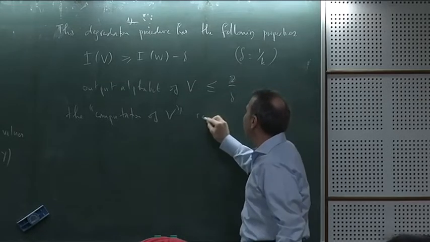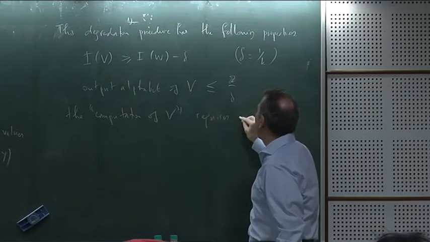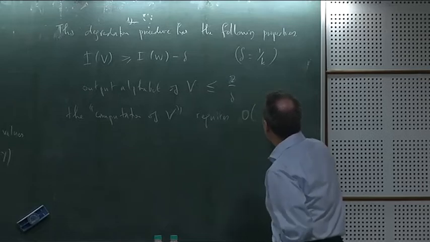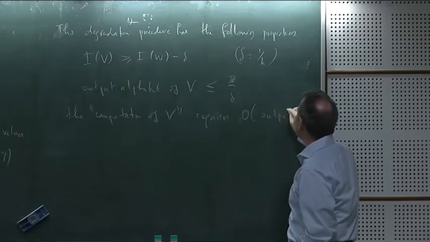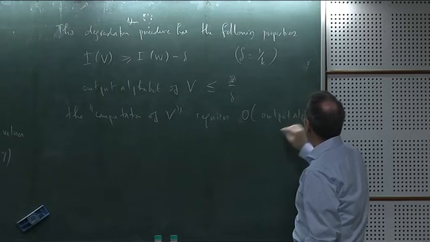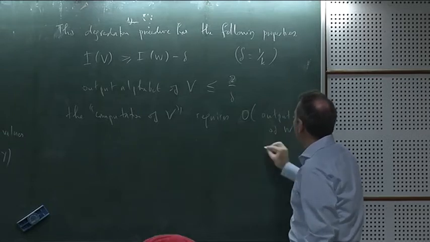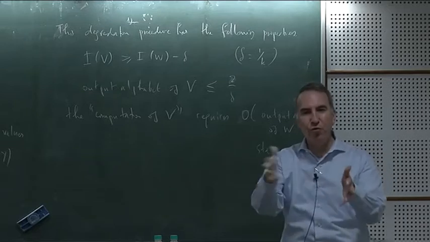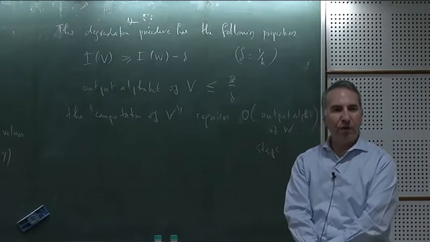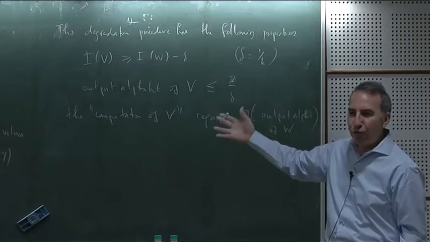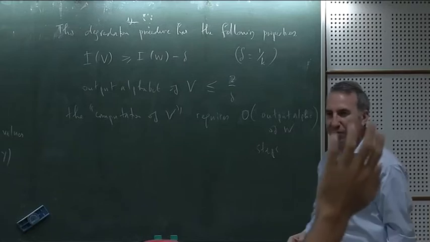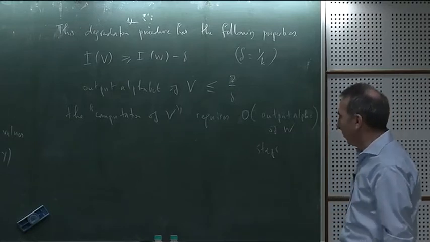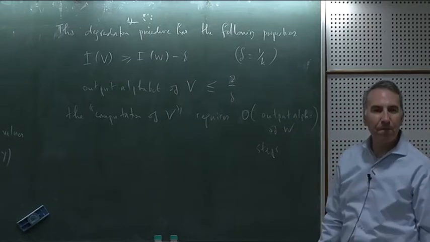It requires order of the output alphabet of W steps. You just have to go over the outputs of W one by one, make a few computations for each, and then you're done. This is how many steps you require. So good.